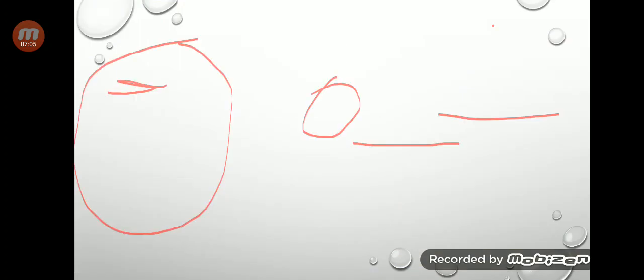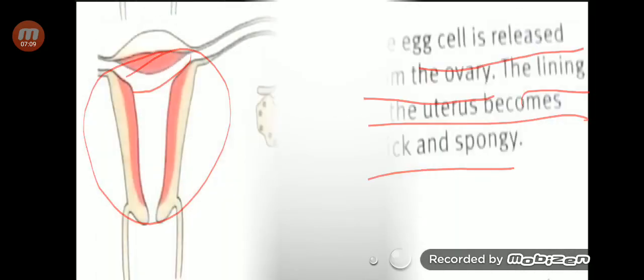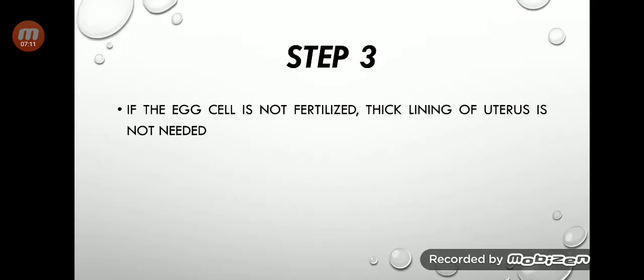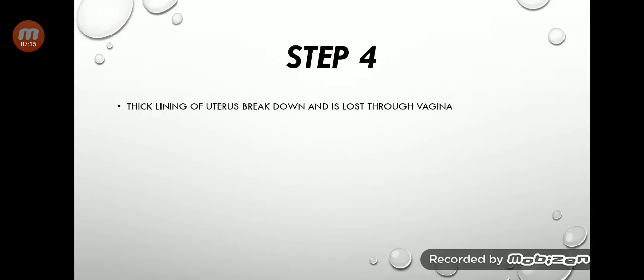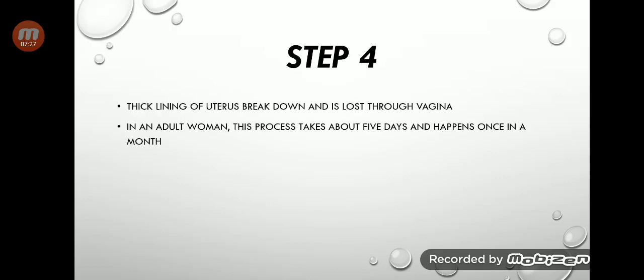Now the egg cell is not fertilized, the egg cell is dead, so we don't need the uterus lining anymore. So what will happen? In step number 4, the thick lining of the uterus breaks down and is lost through the vagina.